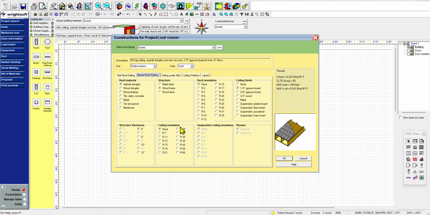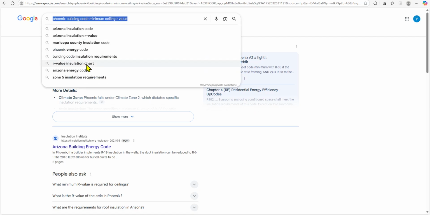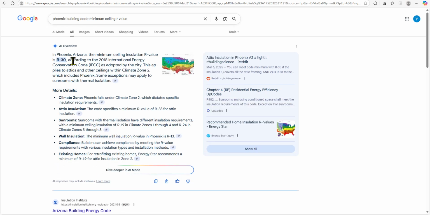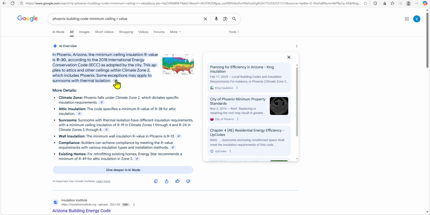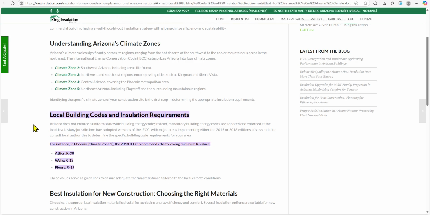Now ceiling insulation, I need to check the code for Arizona. I believe it's R38. Let me check that real quickly. Okay, so according to this Google search and this AI overview, they're saying it's R30. Don't know that I trust that. It gives me this link. I'll click on that. It says King insulation. They're saying R38. I don't know where they got R30 from.